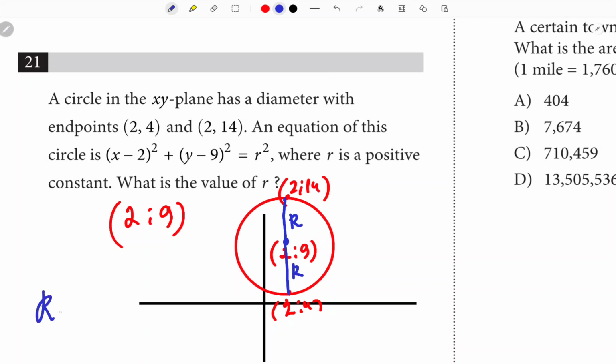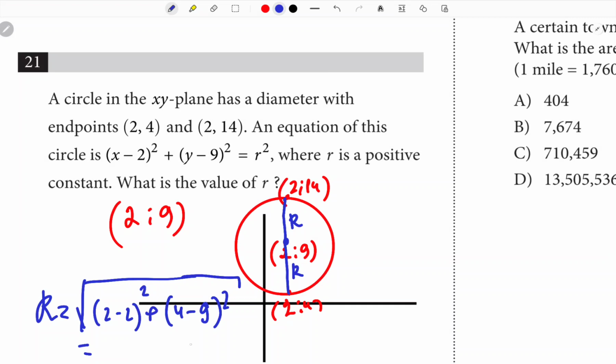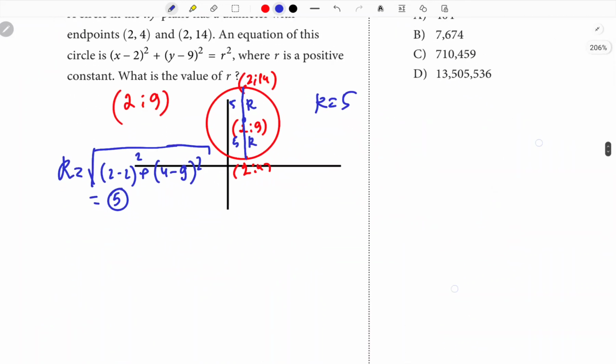If you want to find the radius, you write here like this: 2 minus 2 squared plus 4 minus 9 squared. It's equal to 5 squared, 25, and the square root of 25 is 5. Radius is equal to 5.